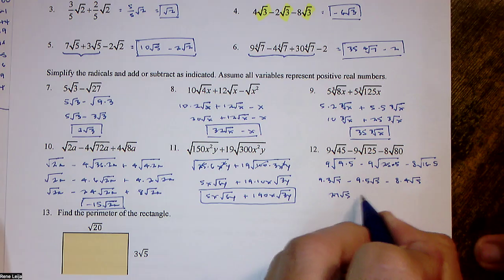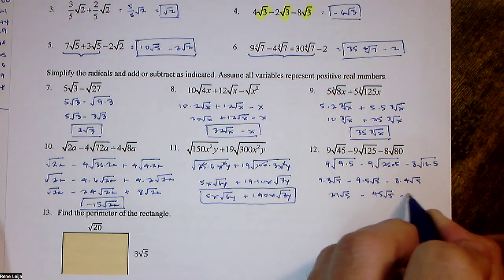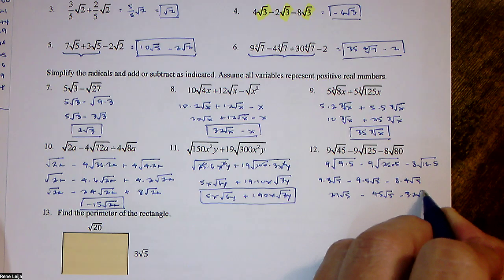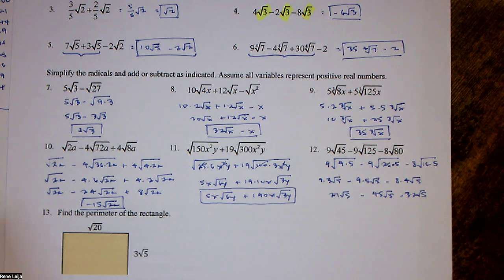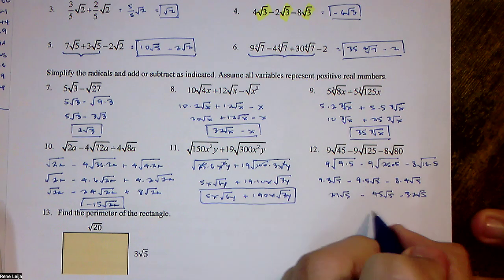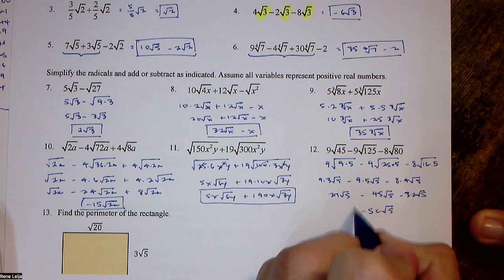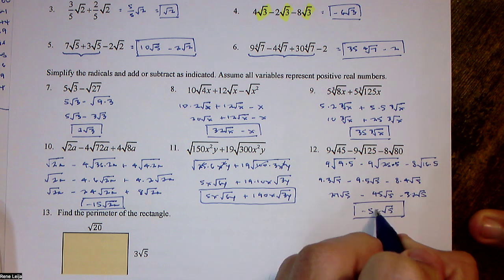So 27 root 5 minus 45 root 5 minus 32 root 5. So 27 minus 45 minus 32 gives us a minus 50. So minus 50 times the square root of 5.